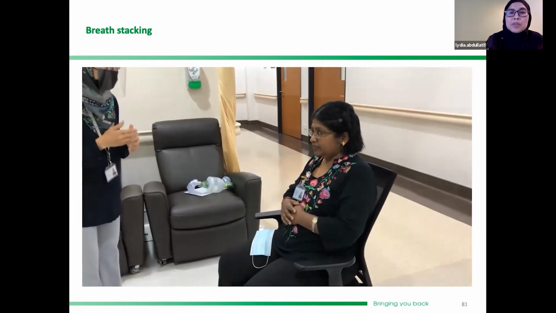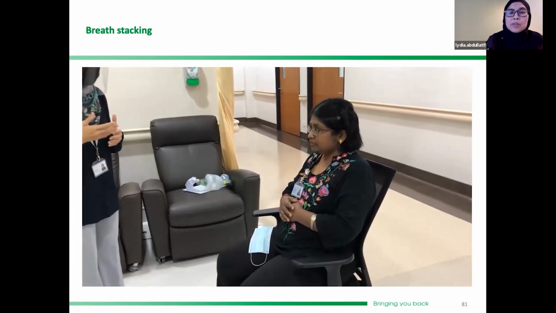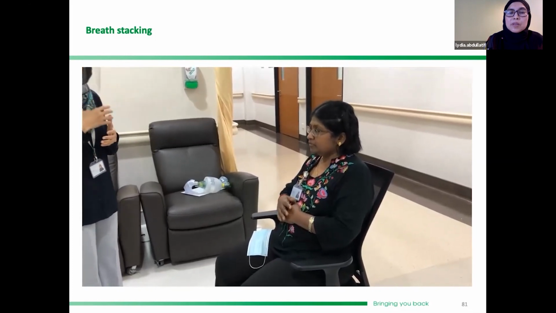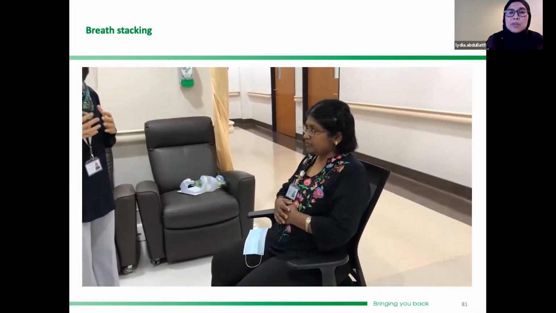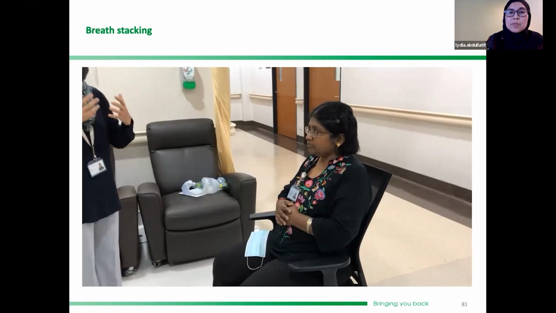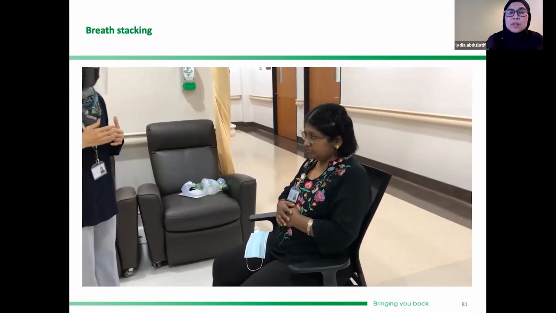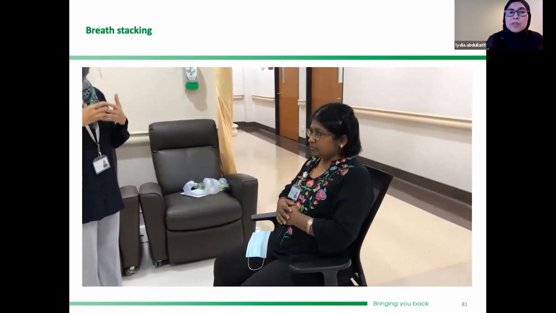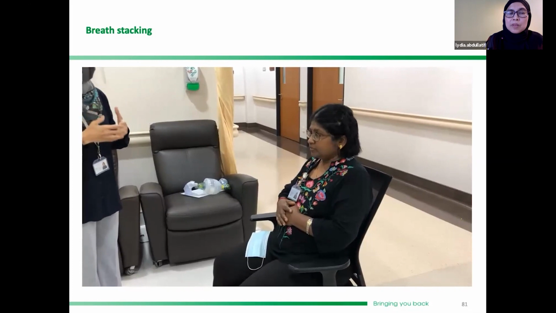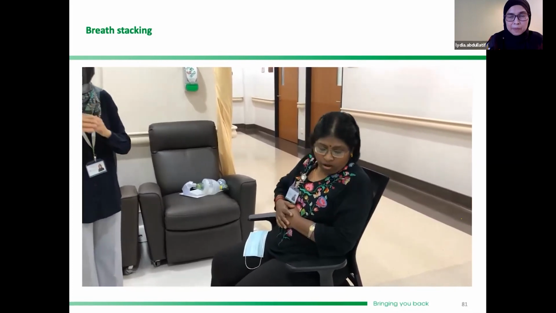So breath stacking means you need to do 2 to 3 times breathing, alright, and stack up the air so that we can collect the volume of the air in the lung. We try to have a much better expulsion. So what we need to do is take in a deep breath and then continue to take another breath and then continue to take another breath and then you try to cough.